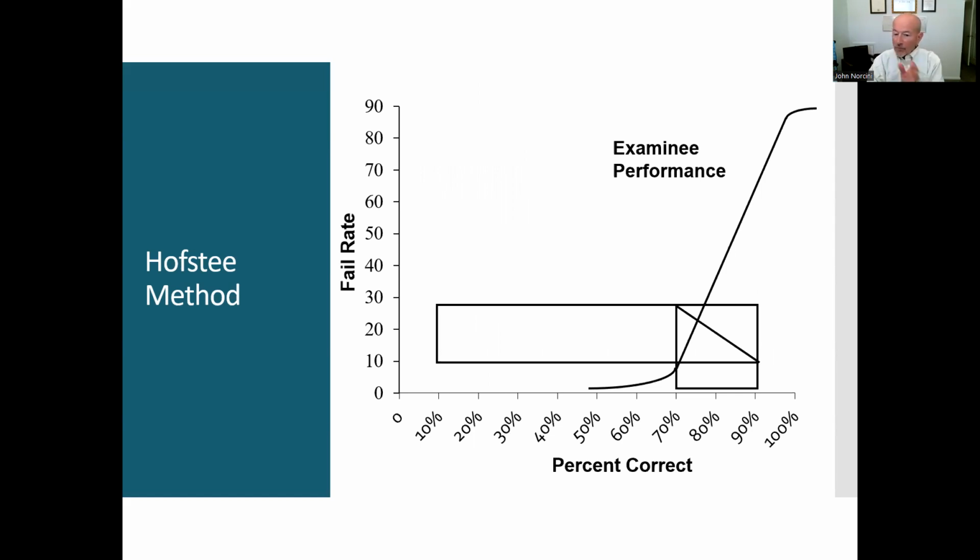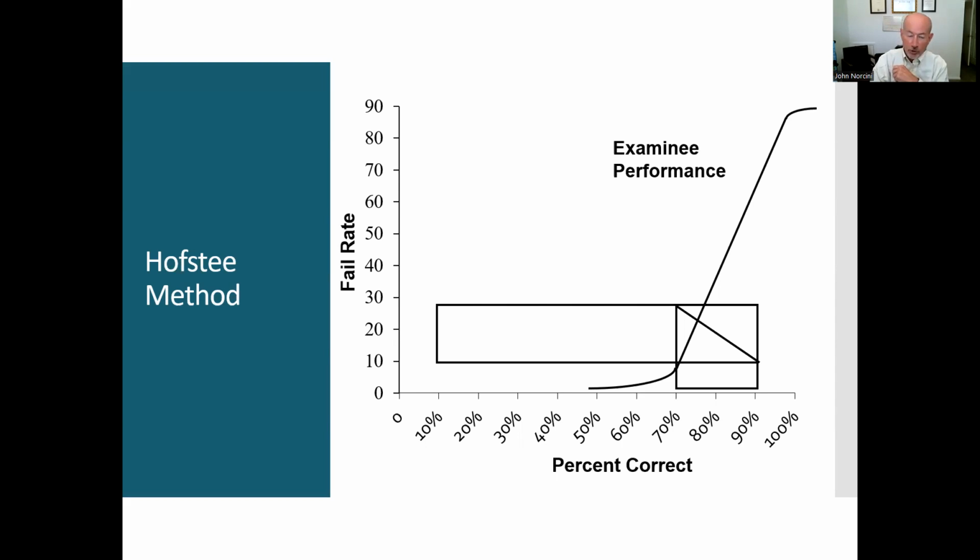So in this particular example, on the vertical axis, you have the fail rate, and on the bottom, you have the percent correct items on the test. So in this particular example, we asked the judges, let's start with fail rate. What's the highest fail rate you're willing to accept on this examination?